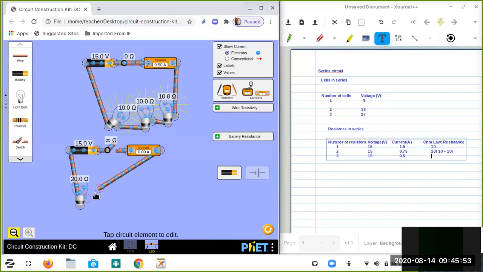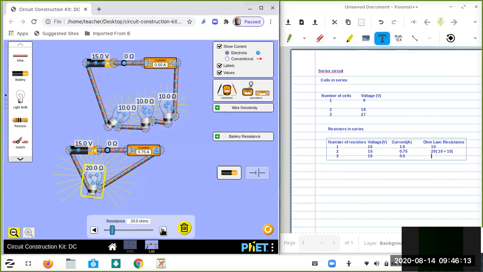I'm just going to change the resistance, so that we find out how much the resistance should be in order for us to have a current of 0.5. I'm going to change the resistance up until we have 0.5.